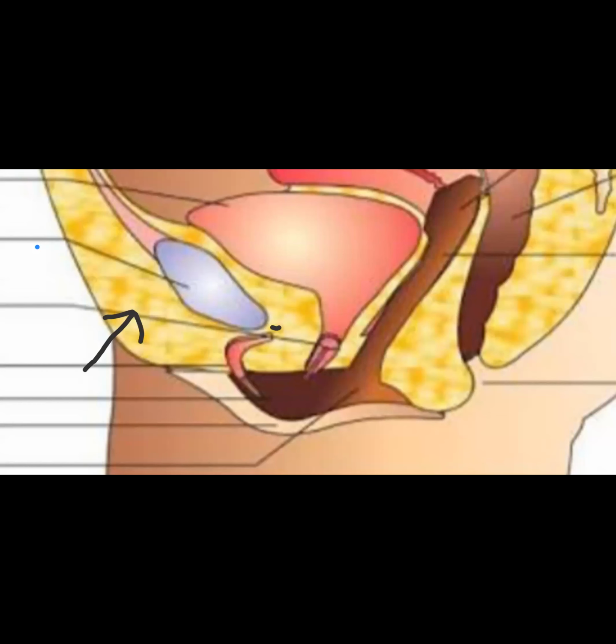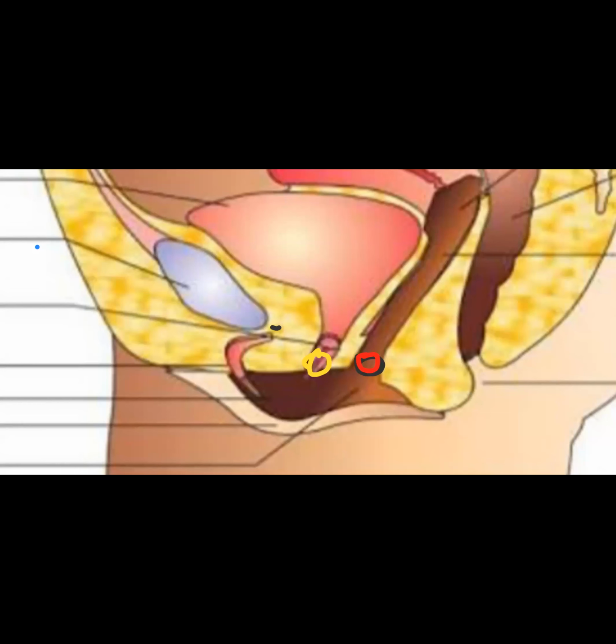In the female external genitalia, the cushion-like fatty tissue in the lower abdominal region is termed what? Mons pubis. It is covered with skin and hair. Which is this opening? Vaginal opening. And which is this other opening? Urethral opening.